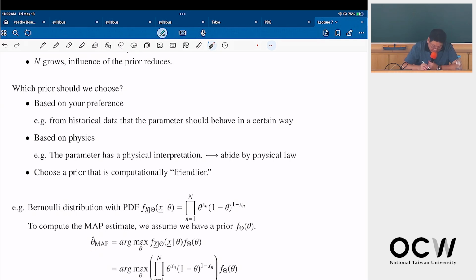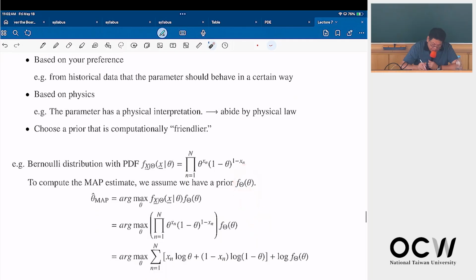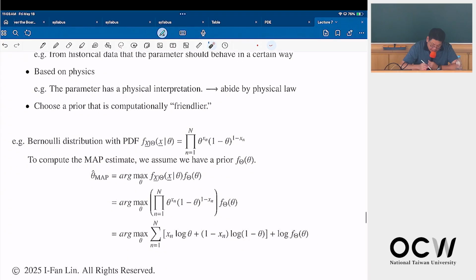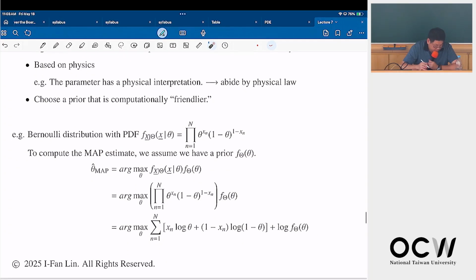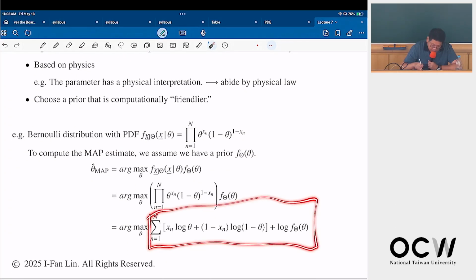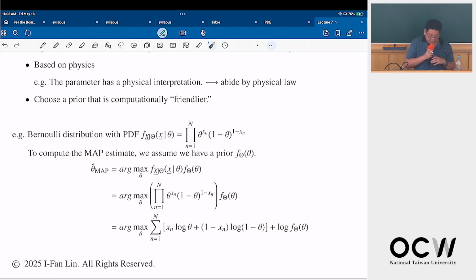Then we assume there's a prior, but we don't know what that distribution is. Just assume we have a prior. You try to find the theta. Here is your final form. You try to maximize this, and you see that we have our prior here.